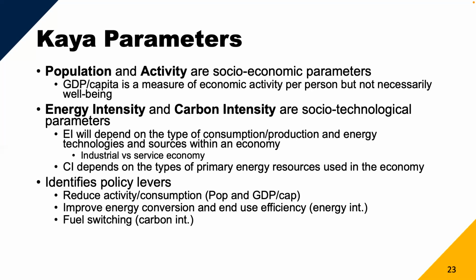You want to try to improve things like energy intensity and carbon intensity without detracting too much from individual well-being. Energy intensity and carbon intensity are usually the factors where you're going to affect them through technological change.